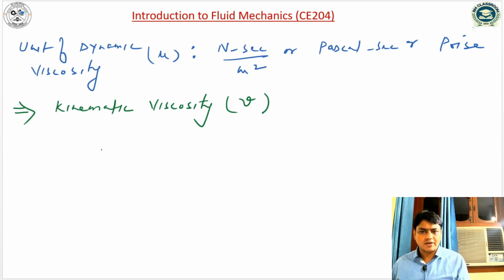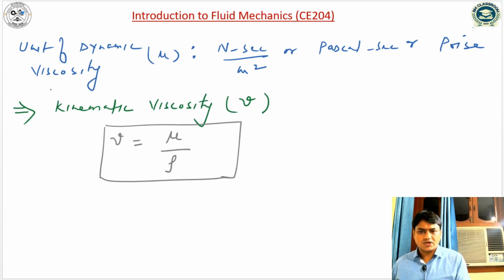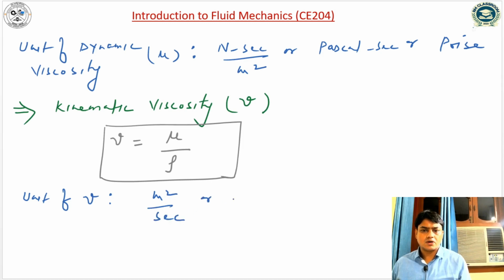What is the relation between kinematic viscosity and dynamic viscosity? Kinematic viscosity is equal to dynamic viscosity divided by density, nu is equal to mu by rho. What is the unit of kinematic viscosity? The unit of nu is meter square per second or stoke. 1 stoke is equal to 10 to the power minus 4 meter square per second.